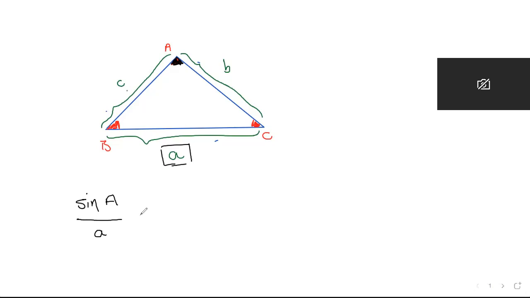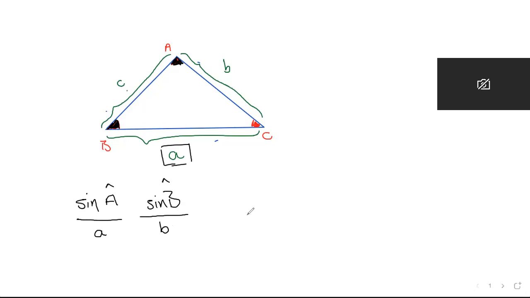It's going to be sine B, the sine of the angle B, over the length b.